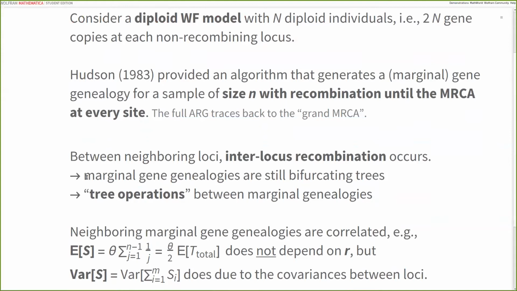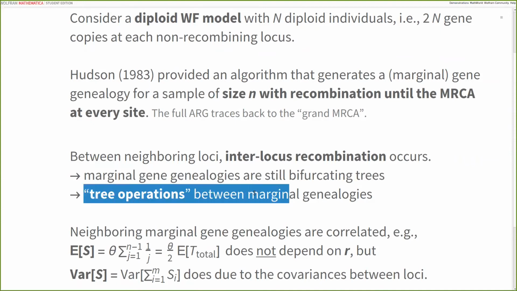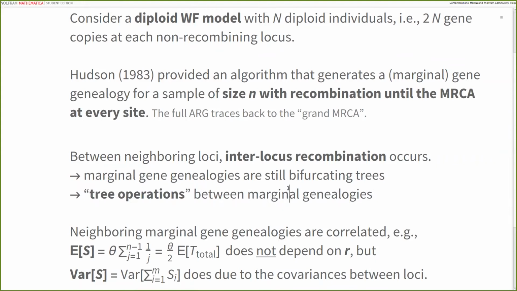So we therefore now consider marginal trees along a chromosome, and therefore trees neighboring each other, between which we have some recombination possibility, differ by particular tree operations. So they are correlated. Closer trees are more similar to each other and require fewer tree operations to make them equal.